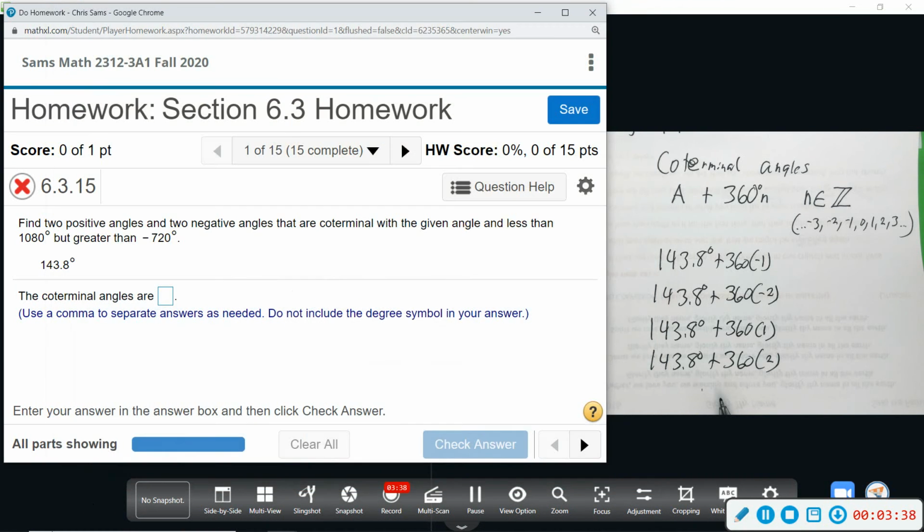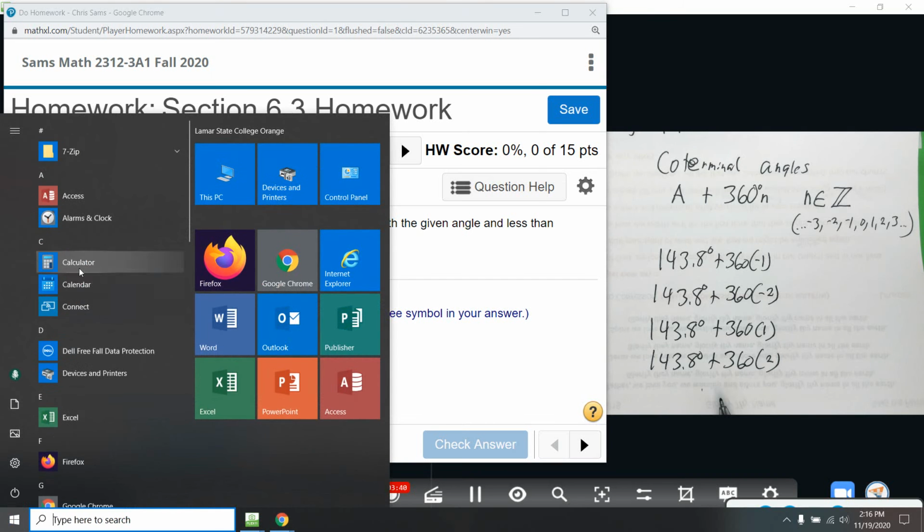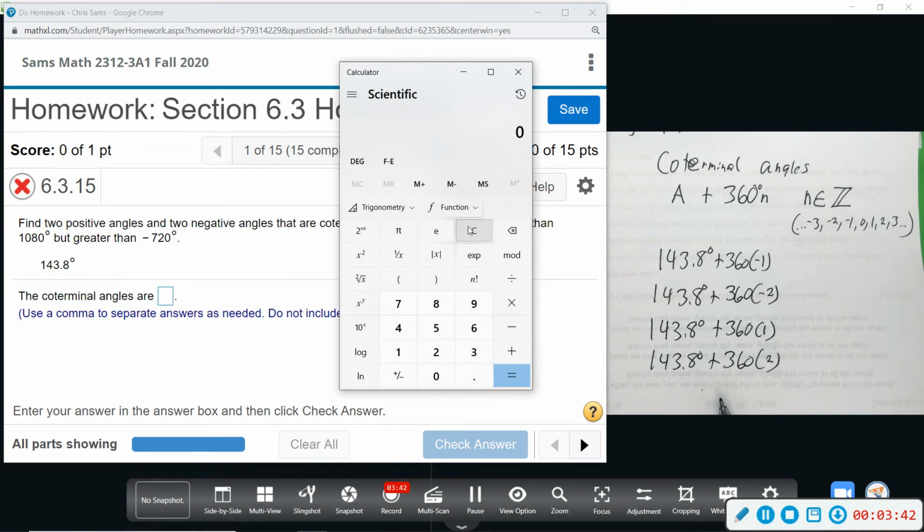Wrong one, that's the calendar, I need a calculator. All right, so I'm going to say 143.8 plus 360, and then parentheses, the number 1, make it negative, and close it.